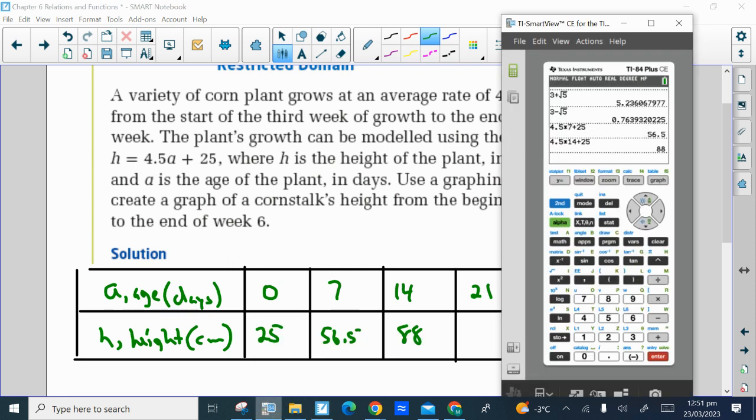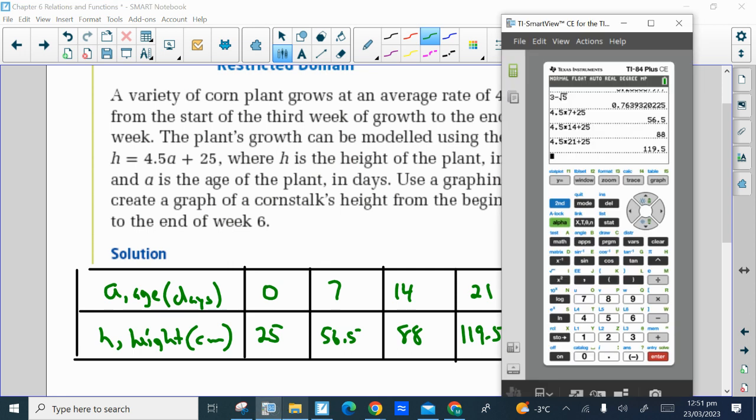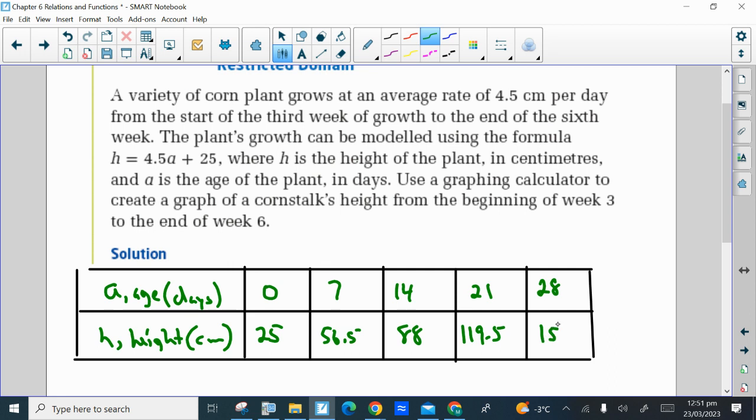After 21 days, it's 119.5 centimeters. And then finally, after 28 days, 151 centimeters.